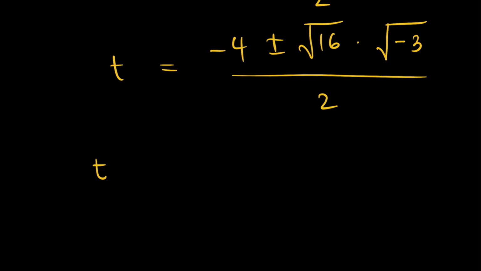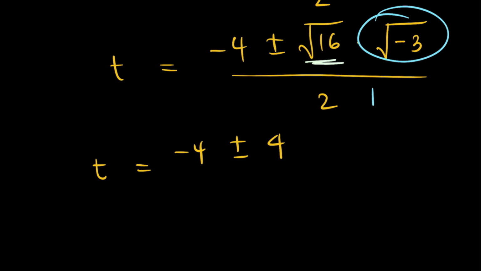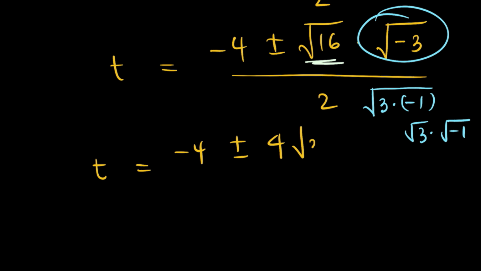This will give us t is equal to minus 4 plus or minus square root of 16, which here will give us 4. Now, square root of minus 3 is the same thing as saying square root of 3 times minus 1. And then that will give us square root of 3 times square root of negative 1. So that we have 4 root 3.